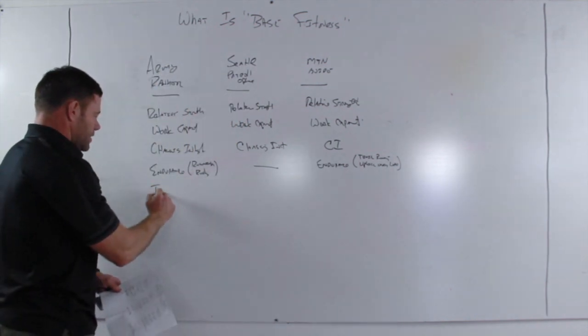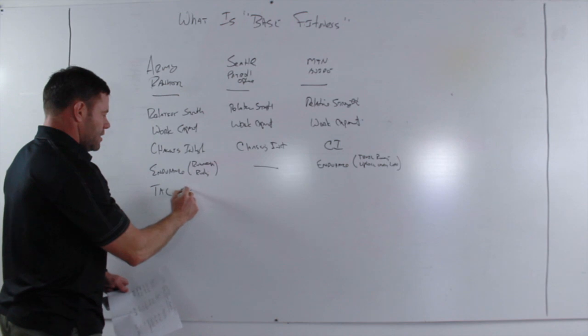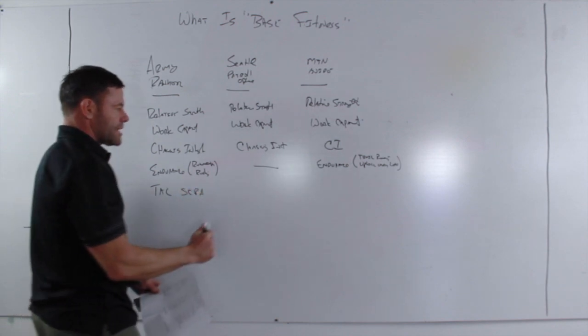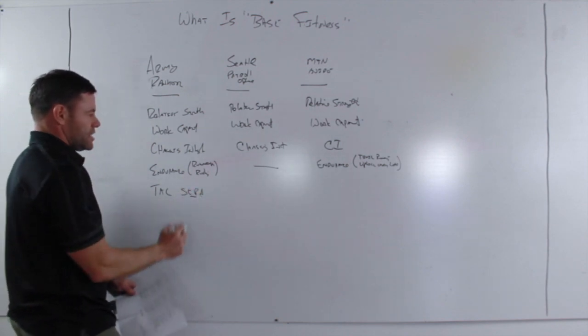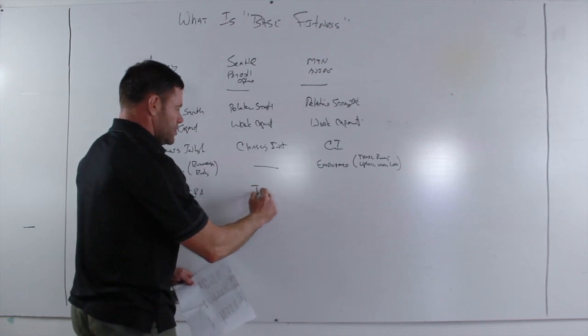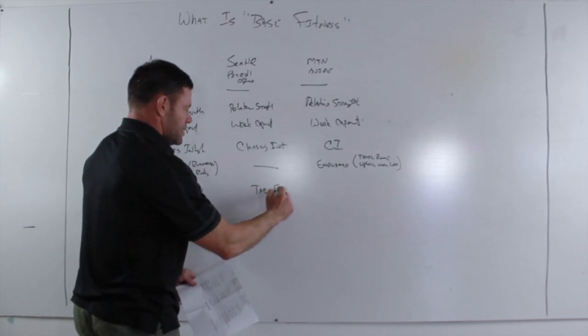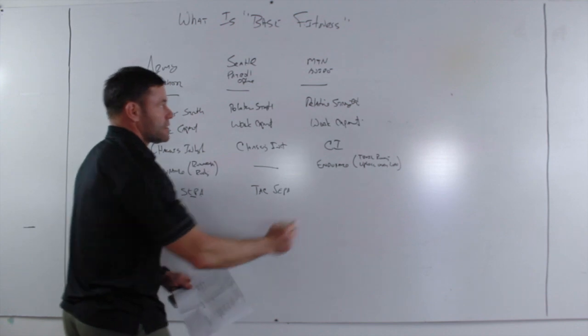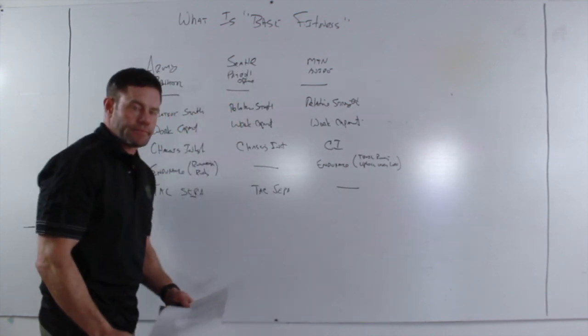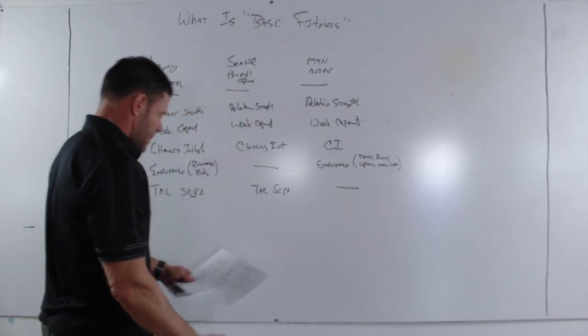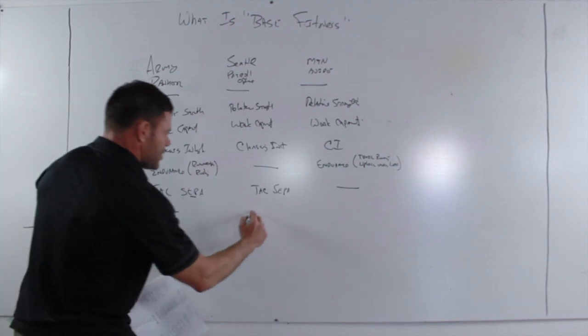Next, TACSEPA, which is just an acronym that we developed for tactical speed, explosive power, and agility. Both these two tactical athletes have this fitness demand. Mountain guide doesn't. Next, upper body hypertrophy.